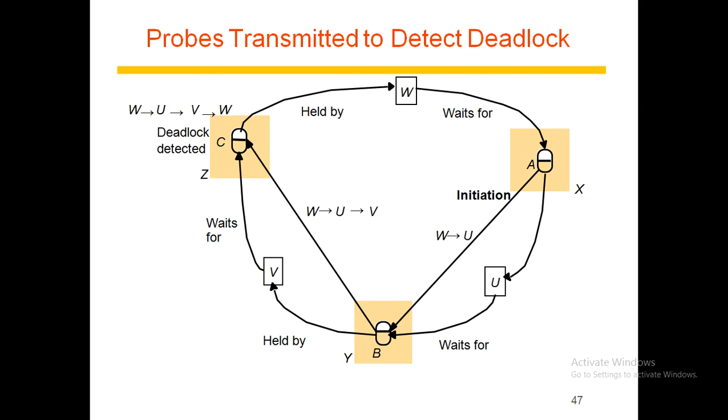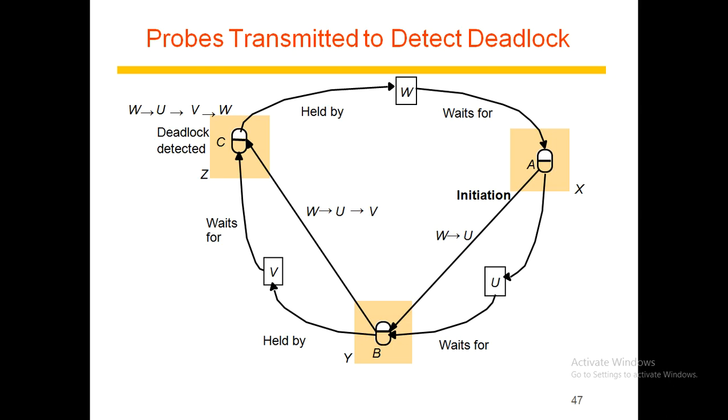Server X initiates a detection by sending a probe W to U to the server of B, that is, to server Y. Then server Y receives the probe W to U, notes that B is held by transaction V and appends V to the probe to produce W to U, U to V. It notes that V is waiting for C at server Z. This probe is forwarded to server Z.